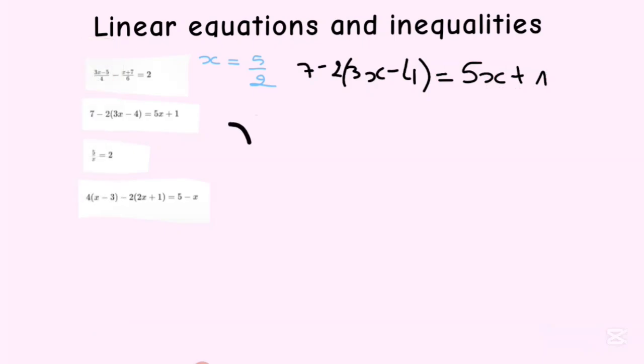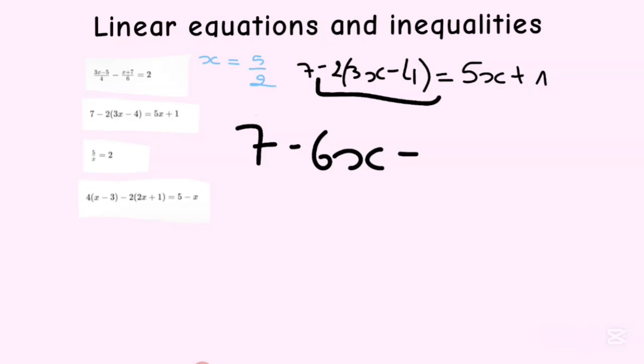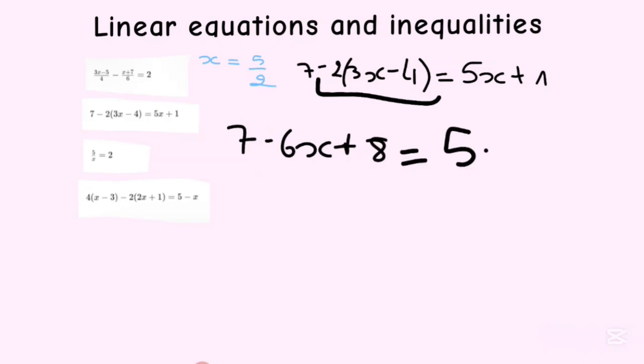If you expand it, that's going to give you 7. Negative 2 multiplied by 3x is going to give you negative 6x. And negative 2 multiplied by negative 4 is going to give you positive 8. So it's going to be 7 minus 6x plus 8 equals 5x plus 1.